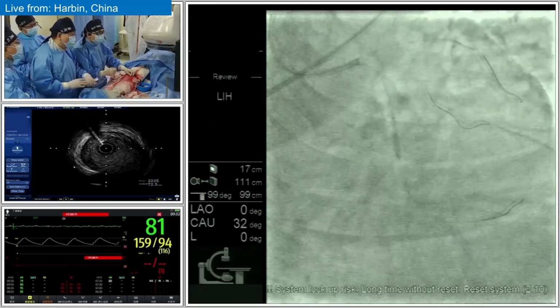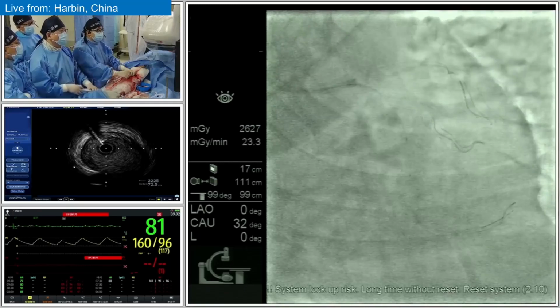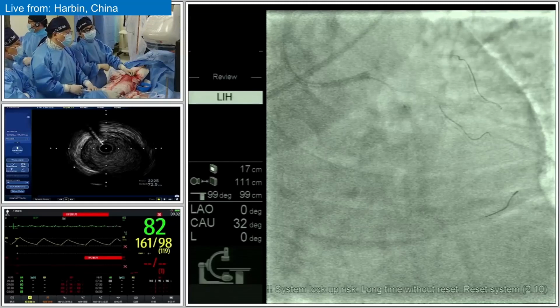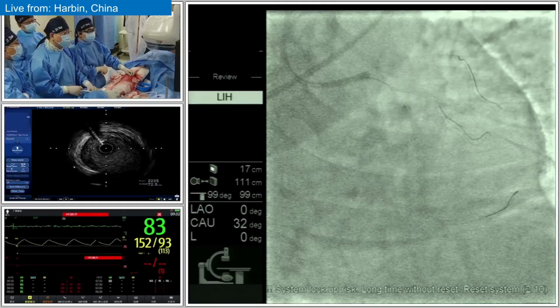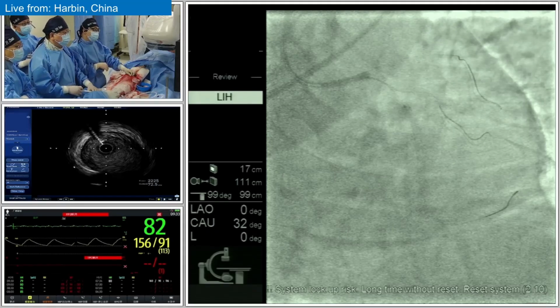Professor Gong? Okay. For this patient, of course, the case is very suitable for the antegrade approach to recanalize the CTO lesion, because the epicardial collateral is very poor according to the size and continuity.